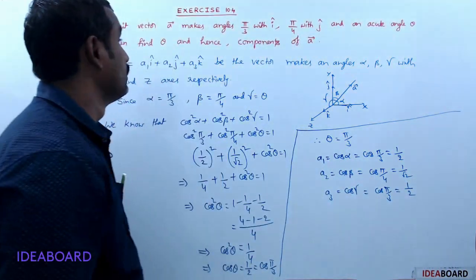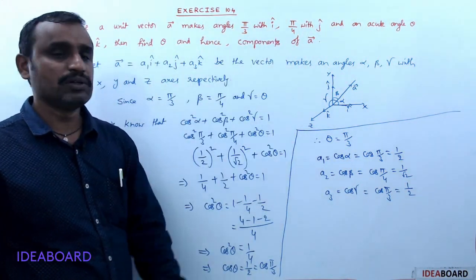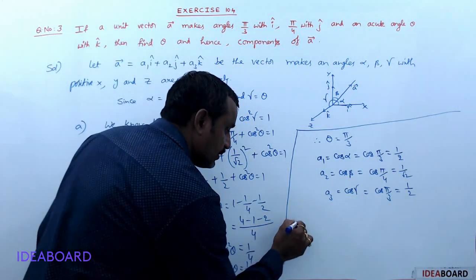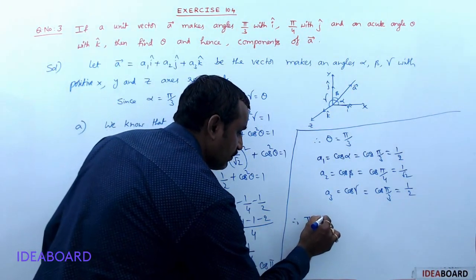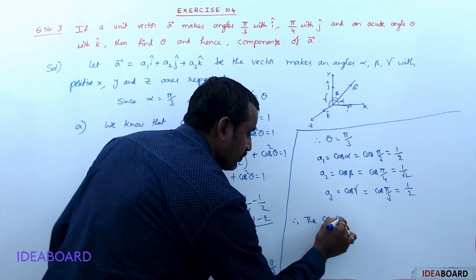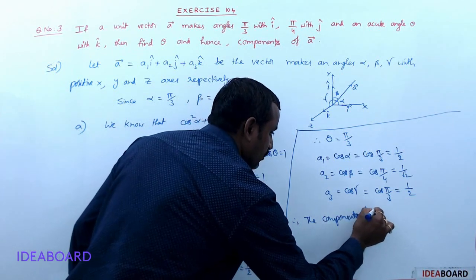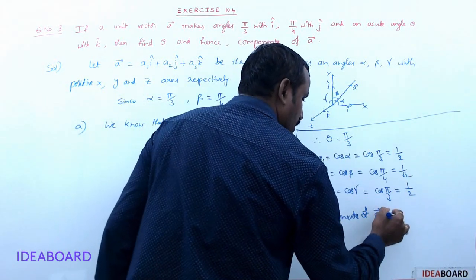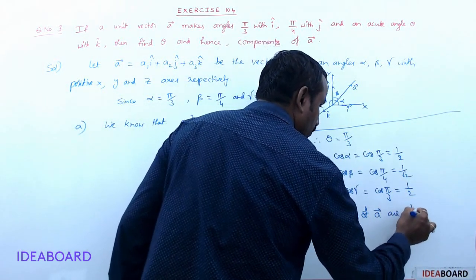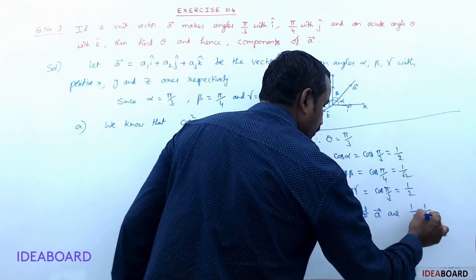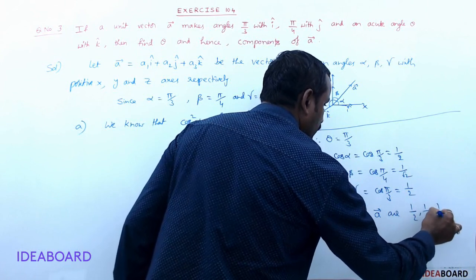Therefore the components of a bar are 1 by 2, 1 by root 2, 1 by 2.